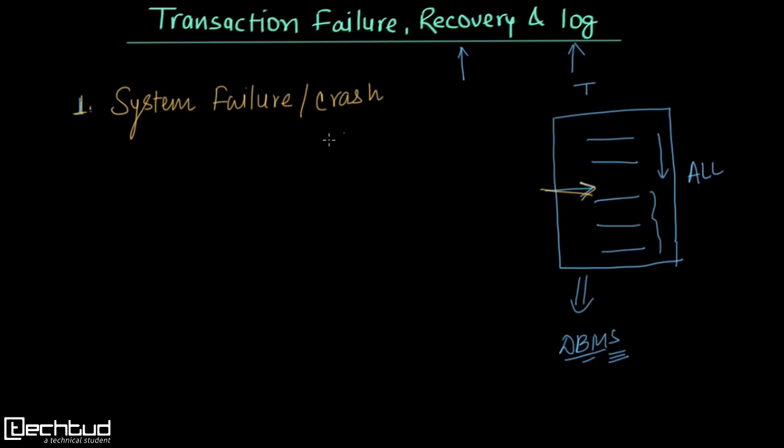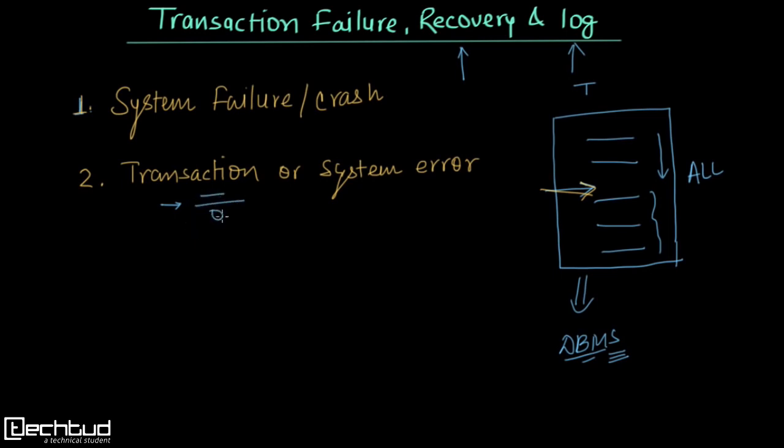Now next can be transaction or system error. So these failures are basically like, let's say during the transaction the system executes an expression which is something divided by 0. Okay, so this will cause a transaction failure. Similarly, let's say I am storing a value in an integer, which of course has a range to store, right?